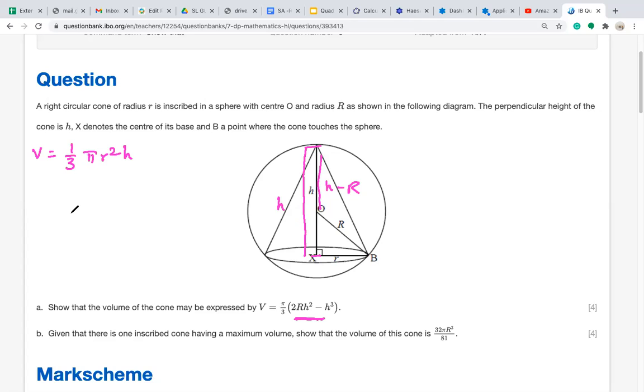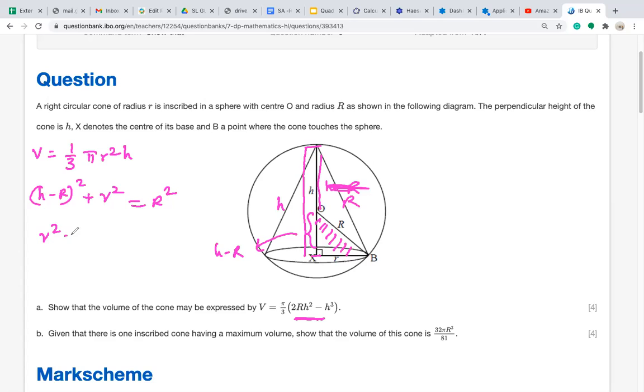Now if you apply Pythagoras in this tiny triangle here, this length is h minus R, this is small r, this is capital R. So what we get is that h minus R the whole square plus small r square equals capital R square.